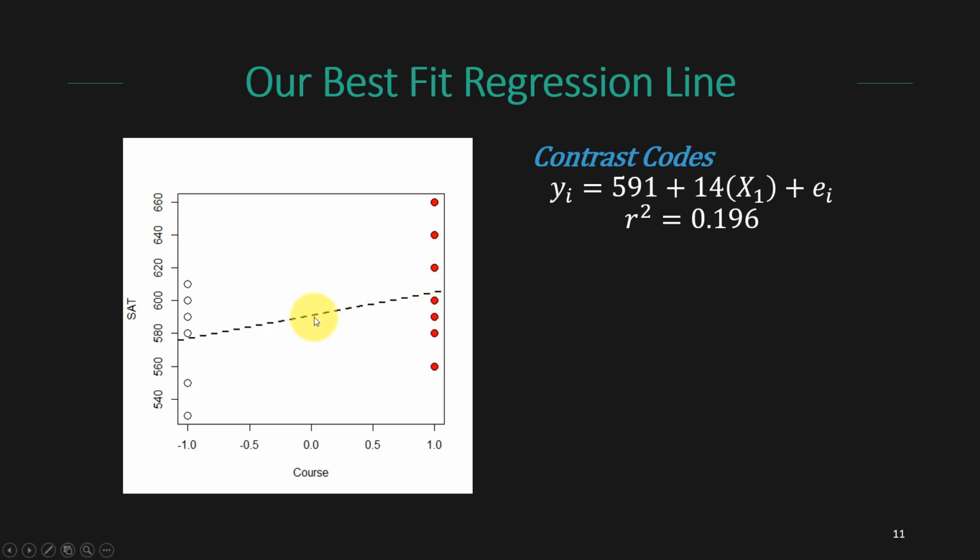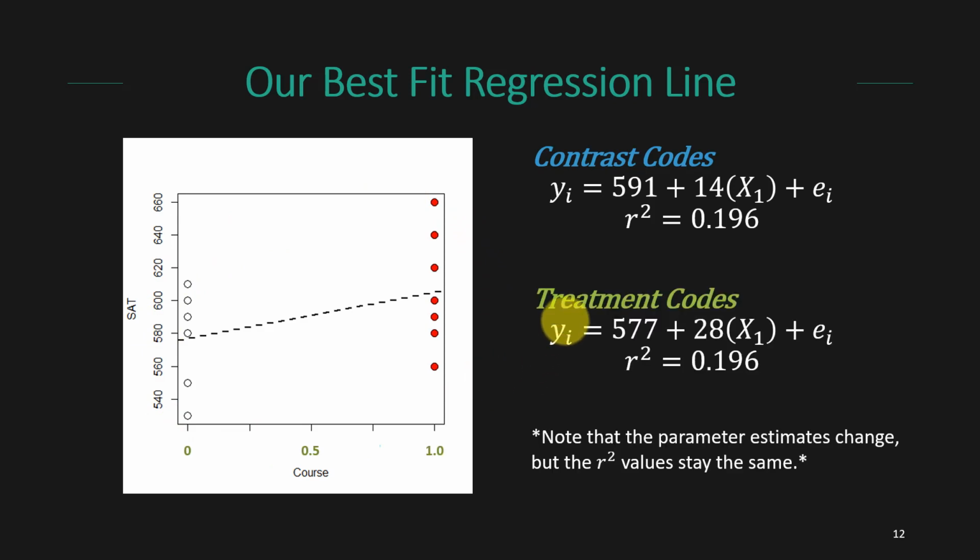Alternatively, if I plug in -1 for x and go down 1 point, because -1 is the code for the no course group, now it would be 591 minus 14, which leaves me with 577, which is the mean of the no course group. So I have a regression line that predicts the mean of each group for everybody in that group. And that's going to give me, in this case, an R-squared value of 0.0196, or about 2% of the variance in SAT scores explained by whether or not you took my course.